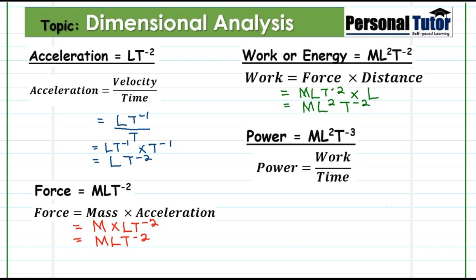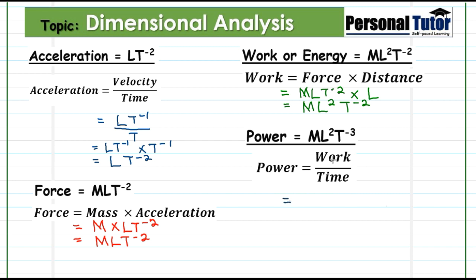Now to power. Power is expressed as ML exponent 2 T exponent negative 3, because the expression for power is work done over time.